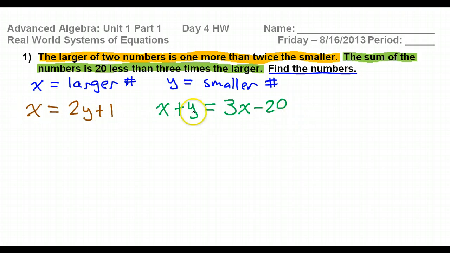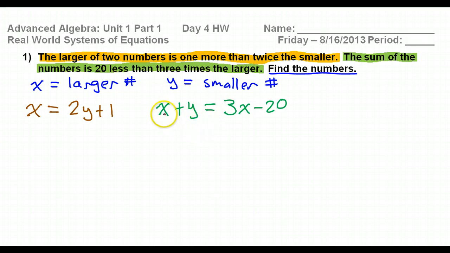So that is how you get your two equations, except for, wait a minute, not so fast. We have our two equations, but here's something I'm not liking right now. See how I have x's on both sides of the equation? I told you before, anytime you see a variable on both sides of the equation, you need to get rid of one of them right away.